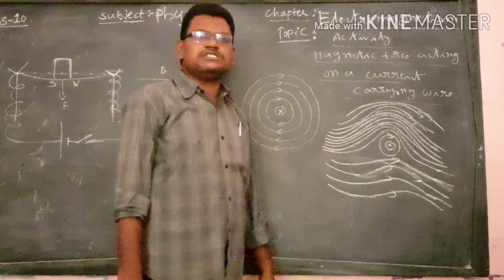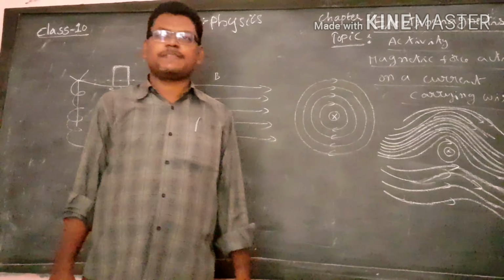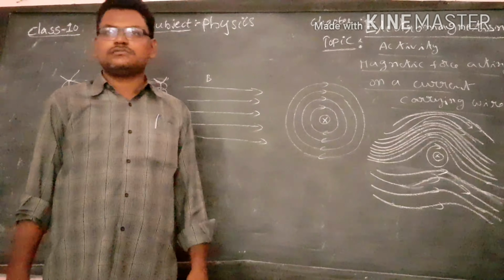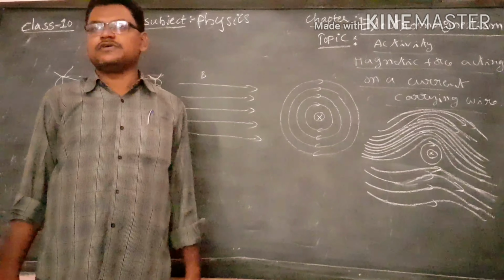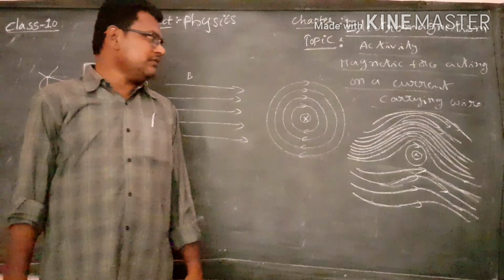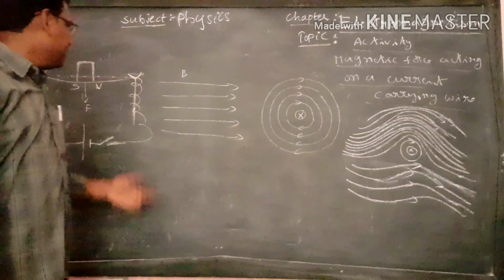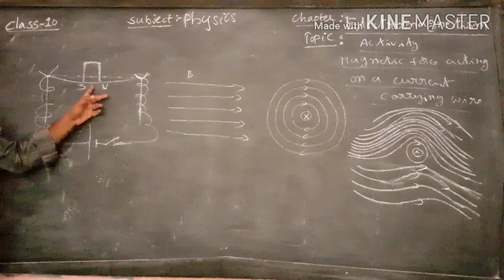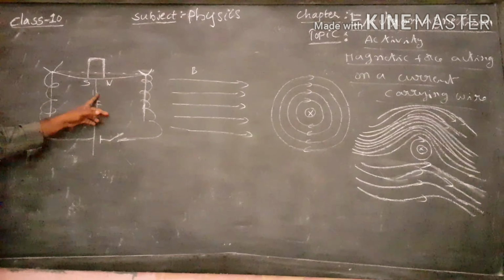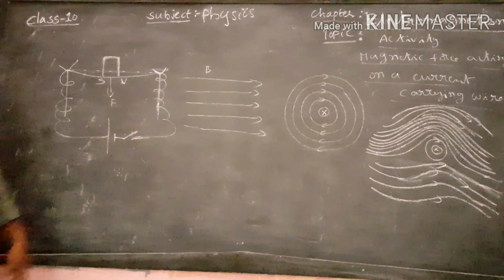So this is the reason why the current carrying wire moves in the presence of a uniform magnetic field. This is the reason for the bent form of the current carrying wire in the presence of a uniform magnetic field. Okay, thank you.